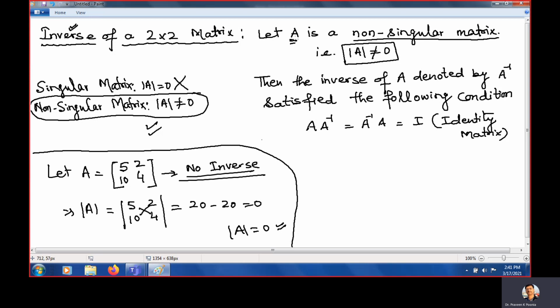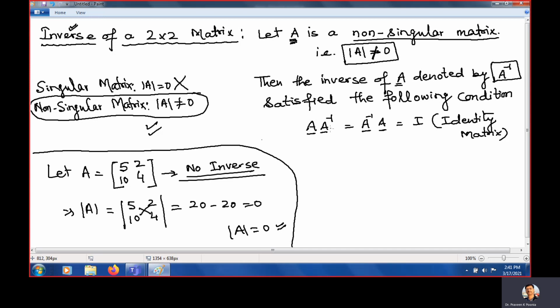Clear? So what is the condition? Matrix A should be non-singular, meaning the determinant should not be 0. Then the inverse of A, denoted by A power minus 1, satisfies the condition that A times A power minus 1, or A power minus 1 times A, is different in matrix multiplication.